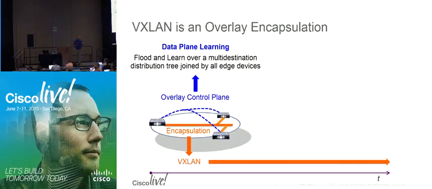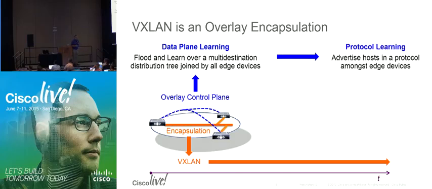But there is actually a path which we're taking with VXLAN, and as you can see, the data plane encapsulation stays the same from the very beginning until where we are today. But up in the control plane side, where the learning happens, the reachability information about all the end hosts, there is a change happening.